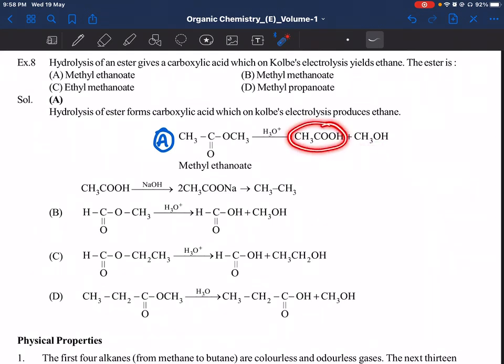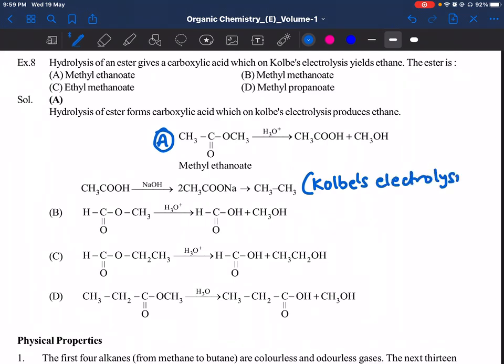This acetic acid in the presence of base gives sodium acetate. Sodium acetate undergoing Kolbe's electrolysis gives ethane and carbon dioxide at the anode, and hydrogen gas at the cathode, and the solution becomes basic. So we can take answer A.